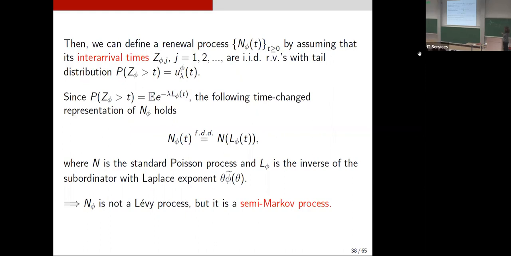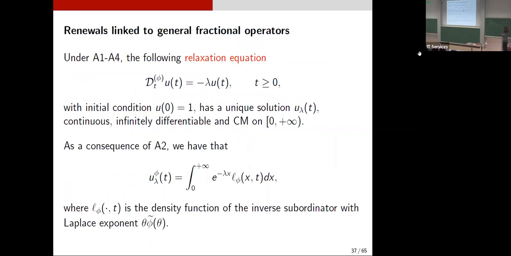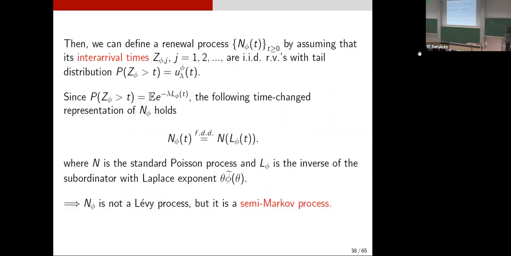Then, since, as I said before, the solution to this equation is completely monotone, and this representation holds, then the following probabilistic representation of the renewal process N phi holds.